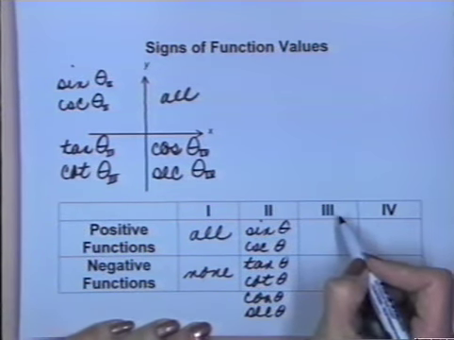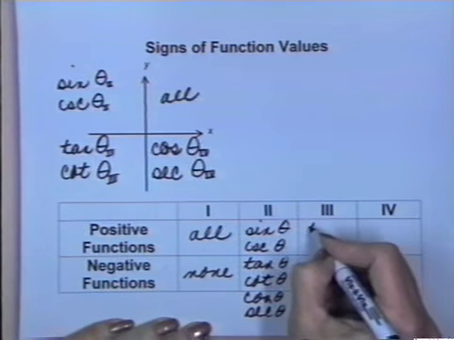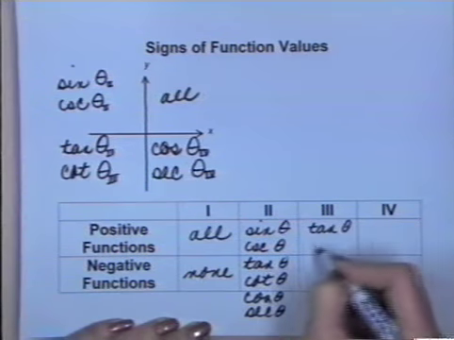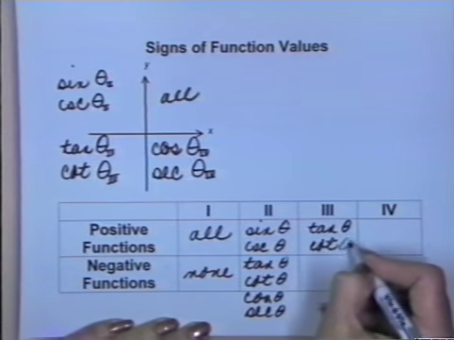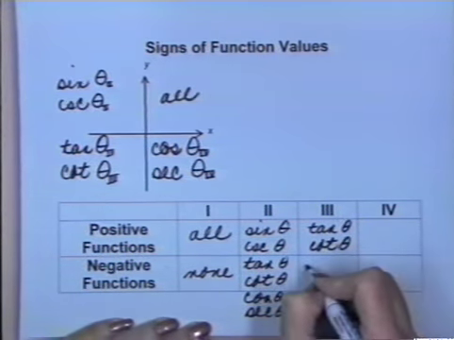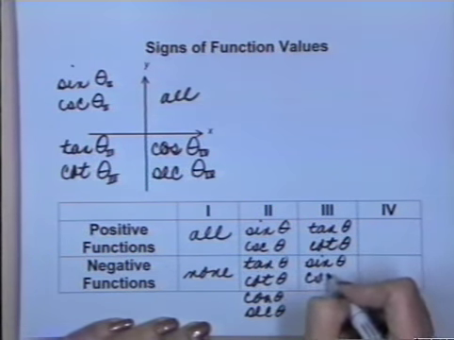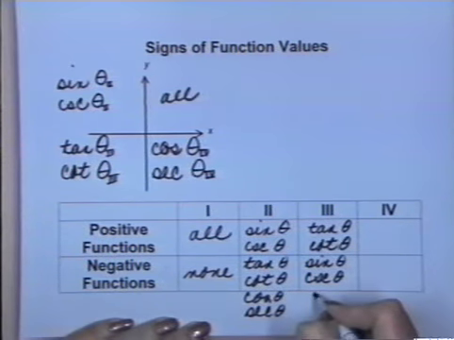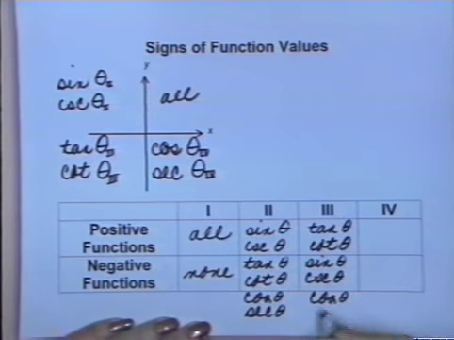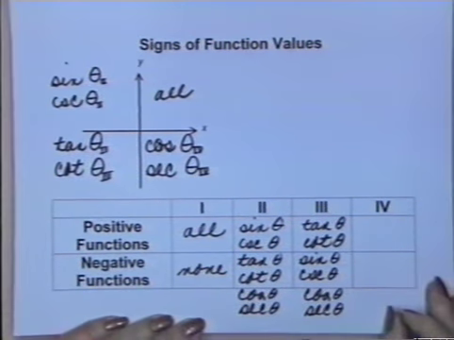In the third quadrant, the functions that are positive would be the tangent function and the cotangent function, and the functions that are negative would be the sine function, its reciprocal, the cosecant function, the cosine function, and its reciprocal, the secant function.